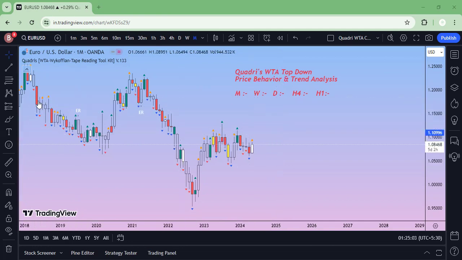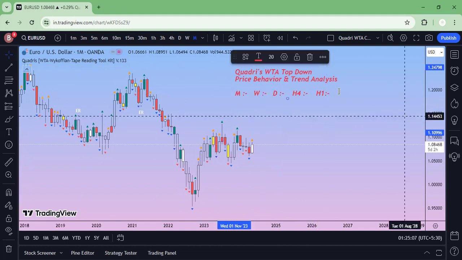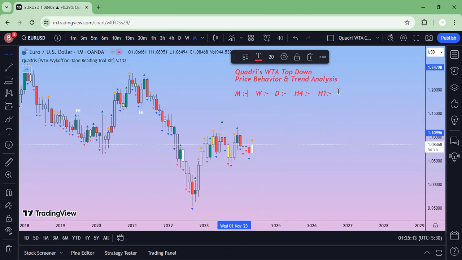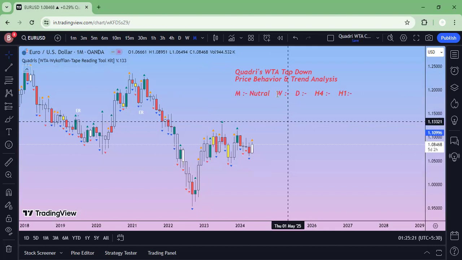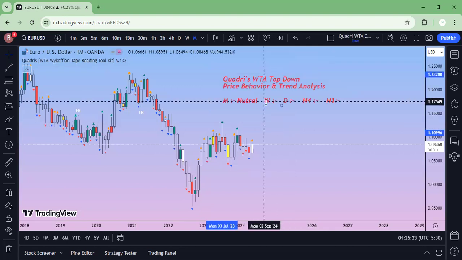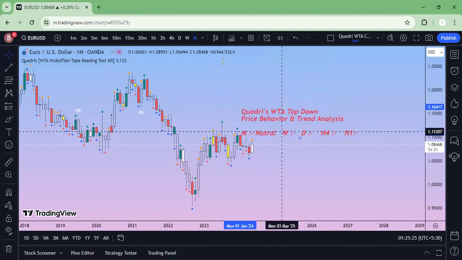So all in all, for me, the market is neutral both ways. Now we'll come down to weekly analysis based on this.